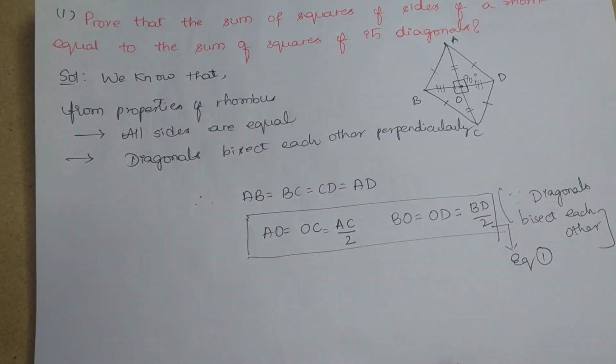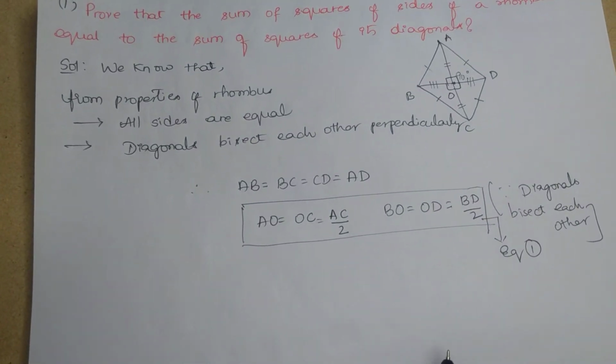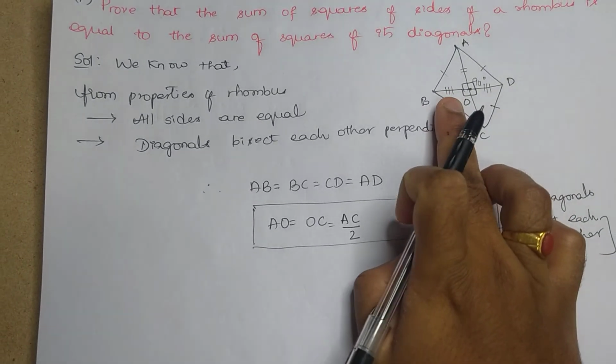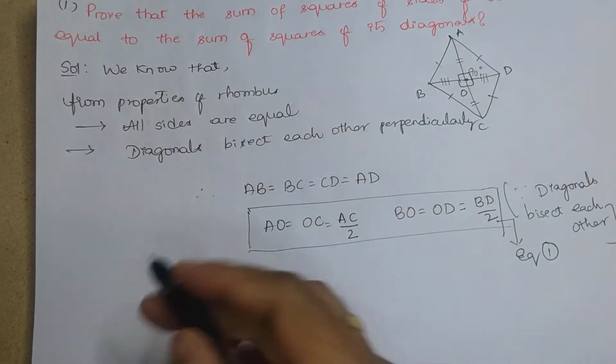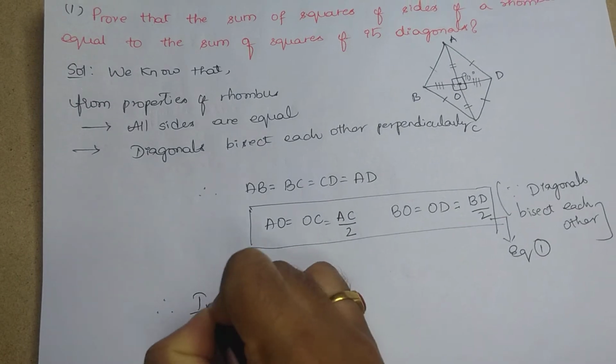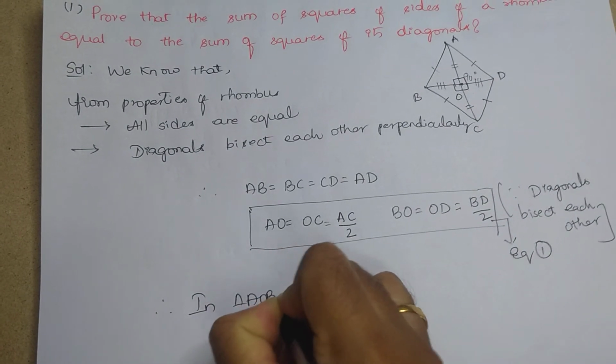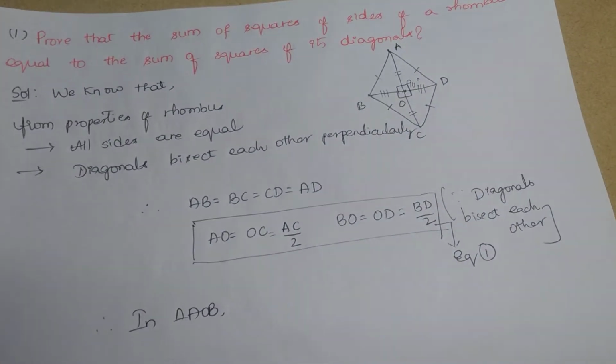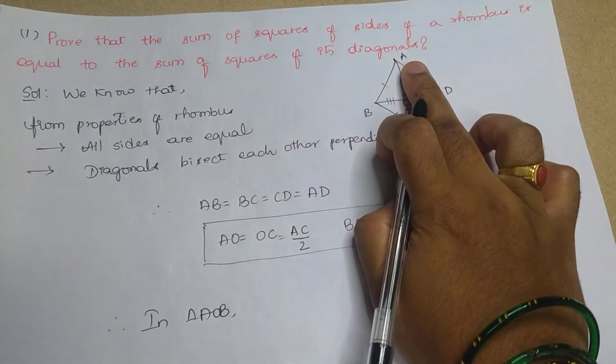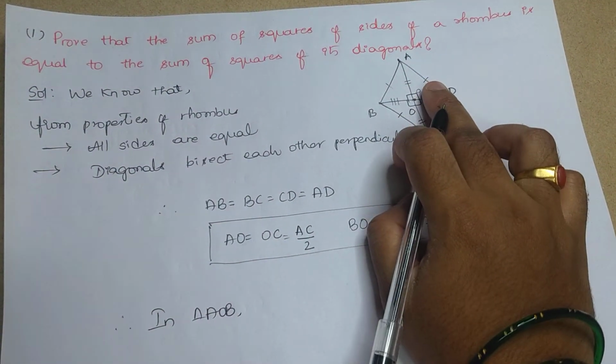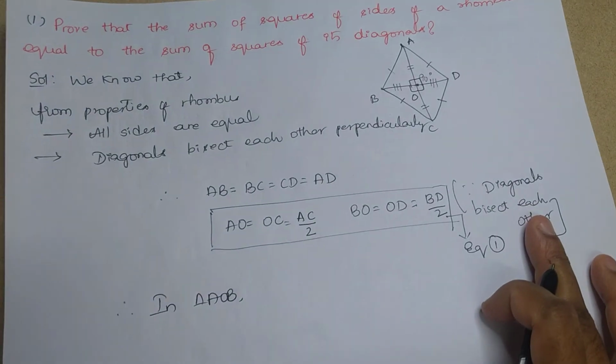You can take either of them. So here I am considering triangle AOB. Since triangle AOB is a right angle triangle, as per theorem 8.8, you can apply the Pythagoras theorem.